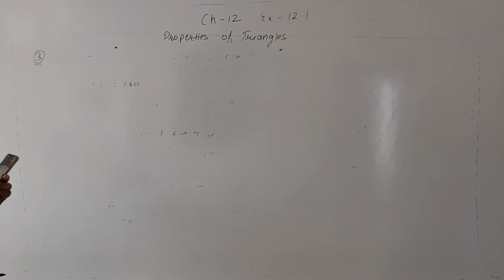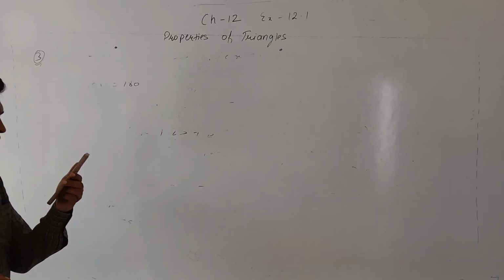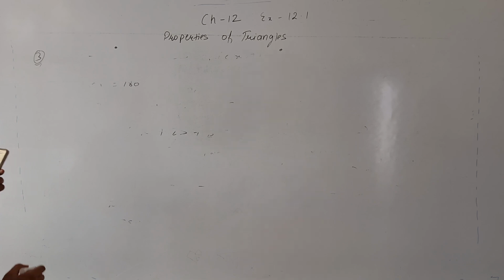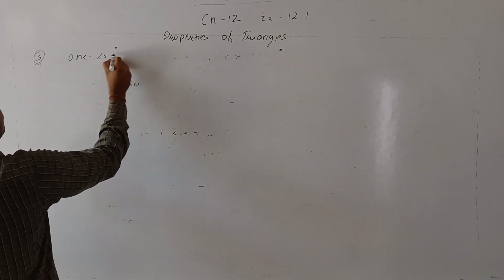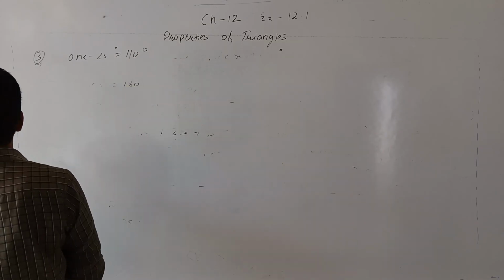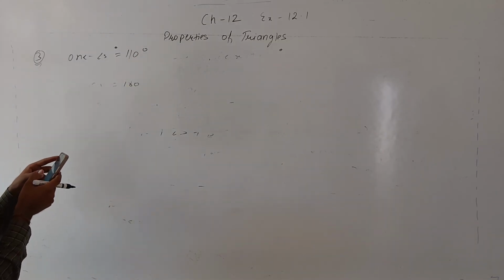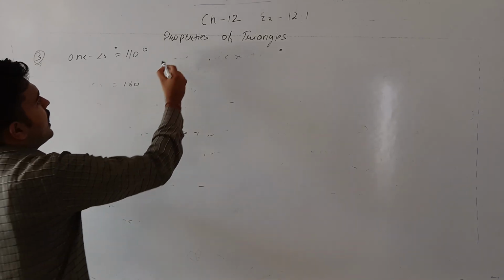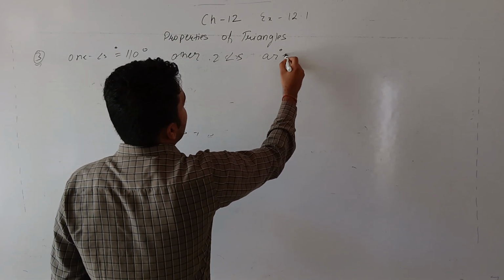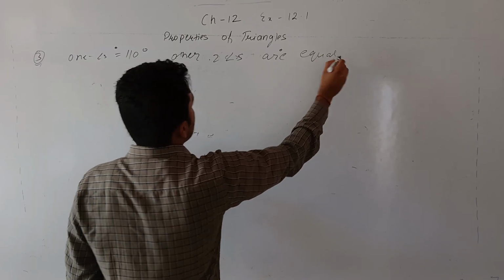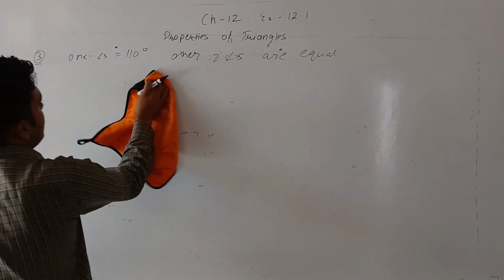Question number 3 is, one of the angles of a triangle is 110 degree, and it is given that the other two angles are equal. So one angle is 110 degree, and the other two angles are equal.